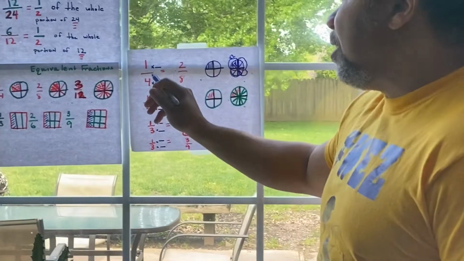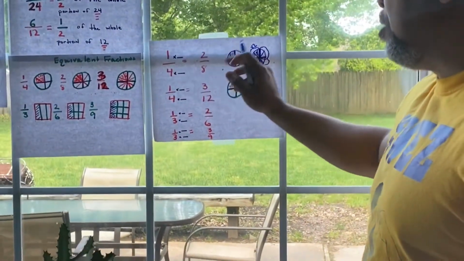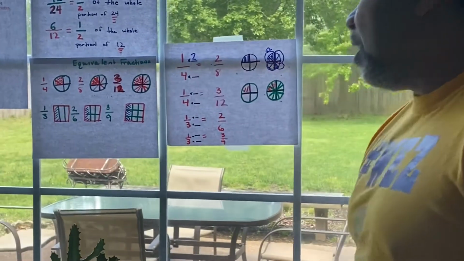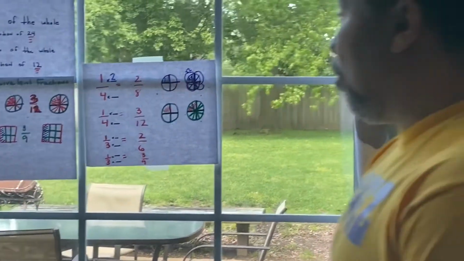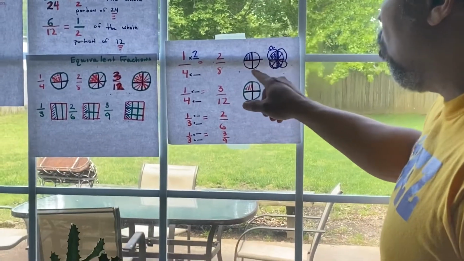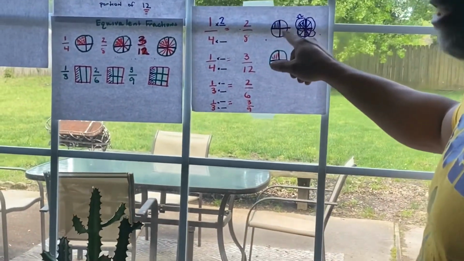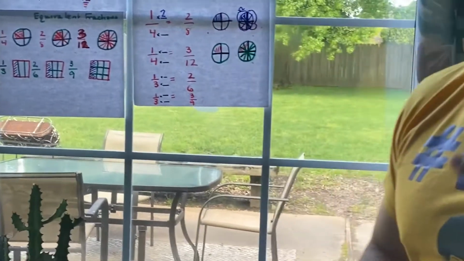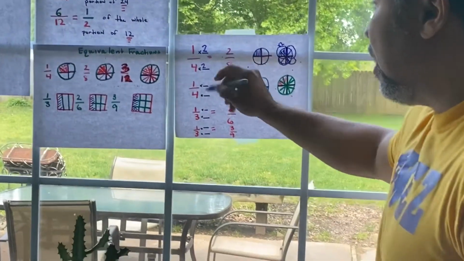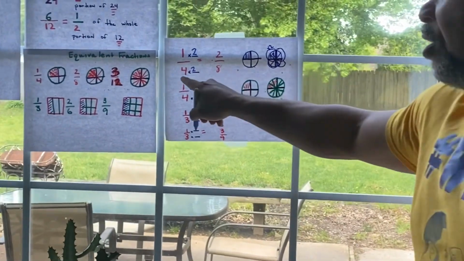So how would I get from here to here? Times it by 2. Now you got to understand, if I double one section by 2, that means each one of these sections is doubled, which means times it by 2, and you get 8. So what's double 4?